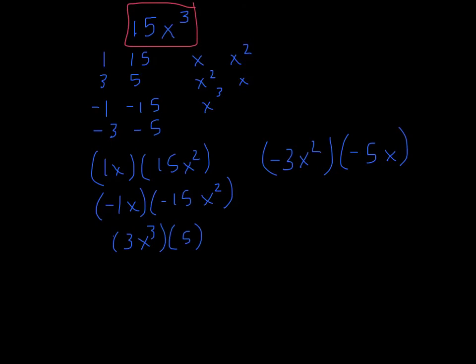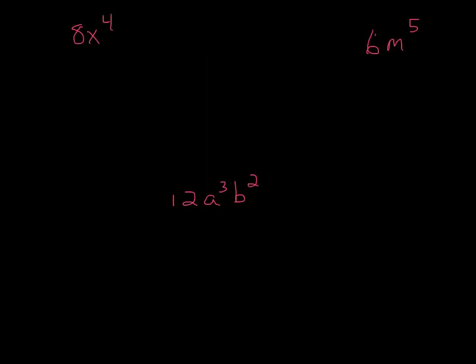At the bottom of page 1, there's a few try these, so go ahead and give those a shot. It says find 3 factorizations of each monomial. So now we're going to find 3 different factors for each one of these. We have 8x to the fourth, so 8 can break down into 1 and 8 and 2 and 4, or negative 1, negative 8, and negative 2, negative 4.